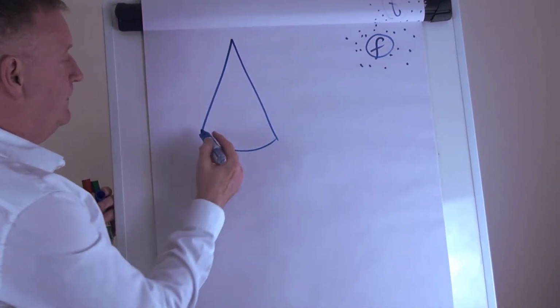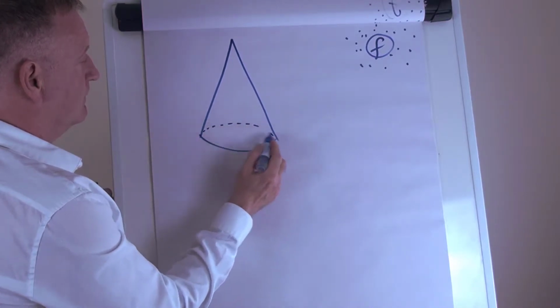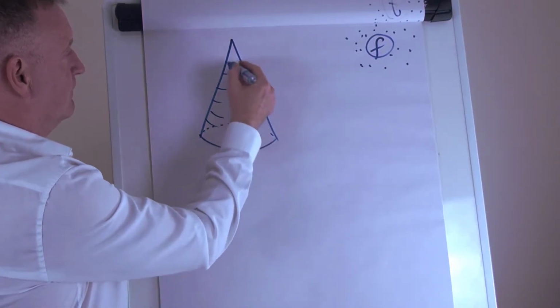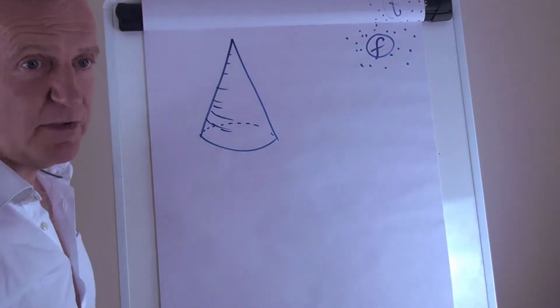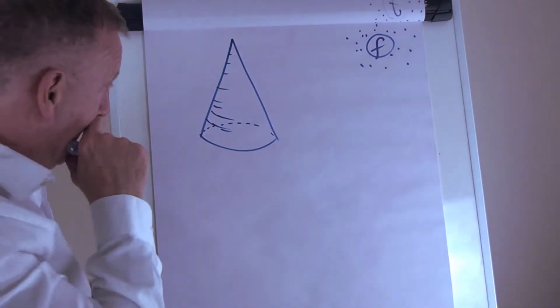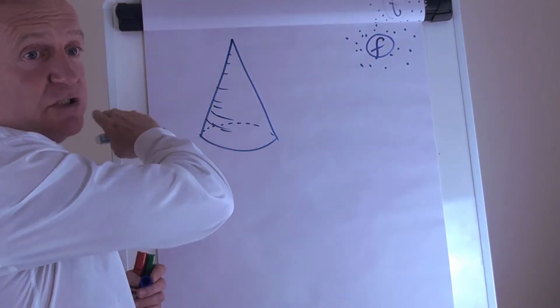If I draw a cone, does it look anything like a cone? Hopefully. Like an ice cream cone, upside down.